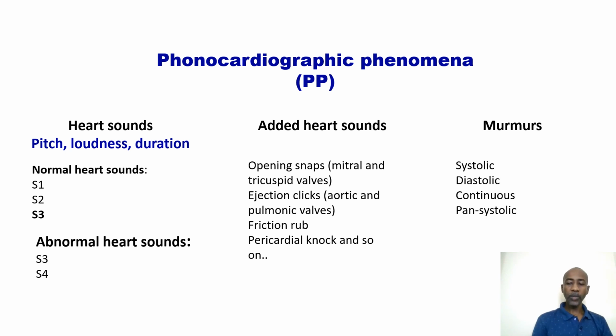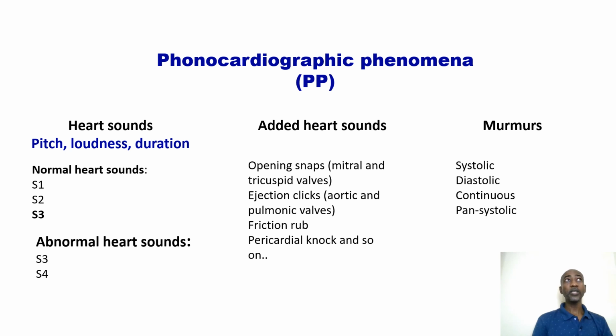And we have the abnormal heart sounds, that is S4 and S3 if it's heard in a patient who's not a female adolescent or a pregnant female. So S4, in particular, is always pathological, and S3 is sometimes pathological. It depends on which patient we listen to.